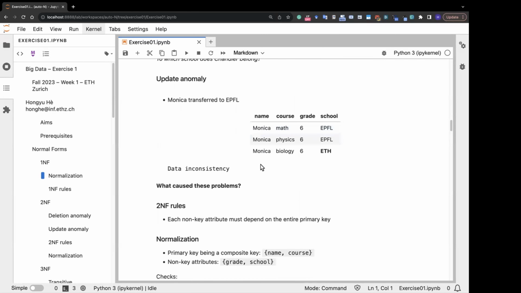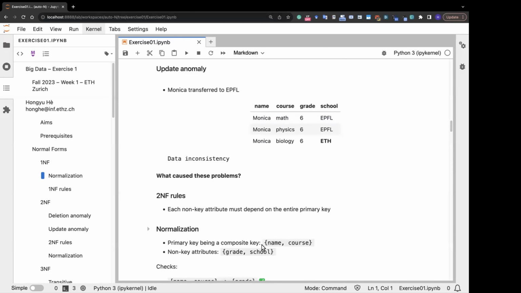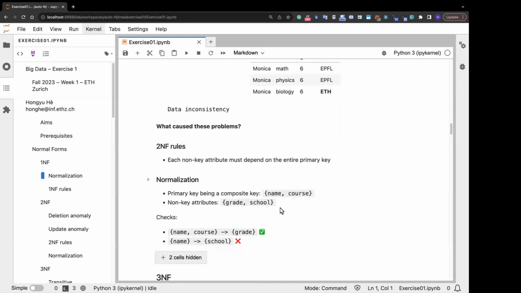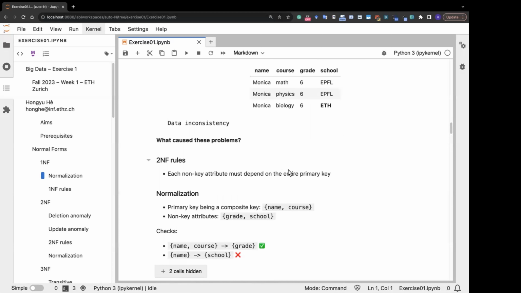The non-key attributes are grades and school. So we can do some checks: the grade depends on both name and course, but the school only depends on the person, right? That's why this table is not adhering to the second normal form.